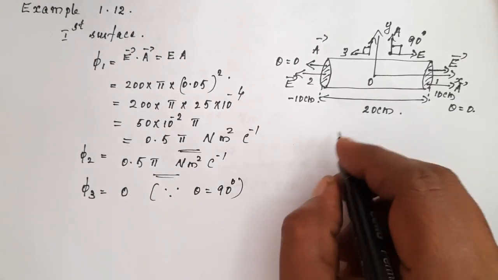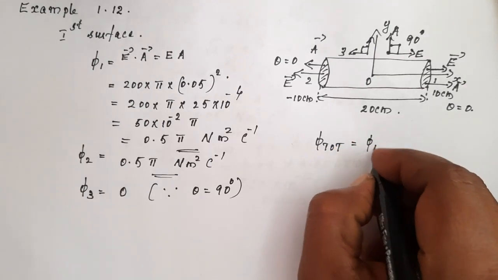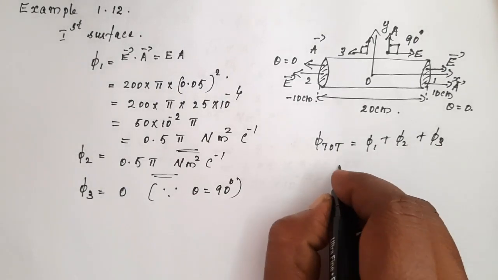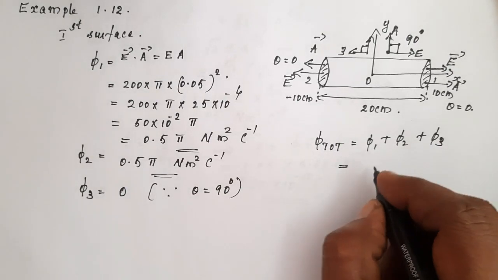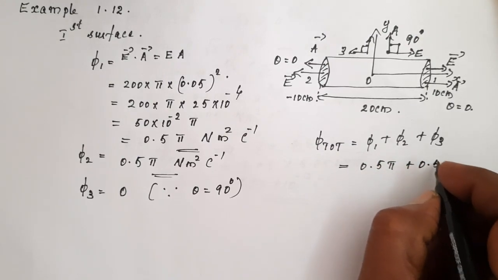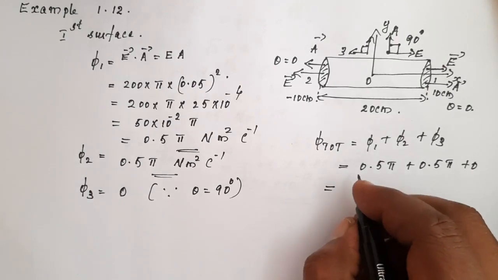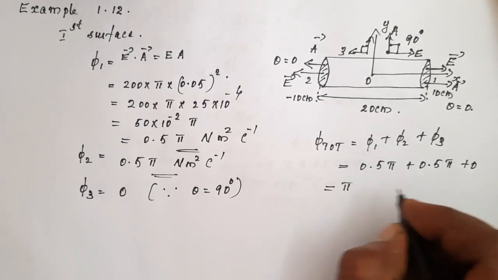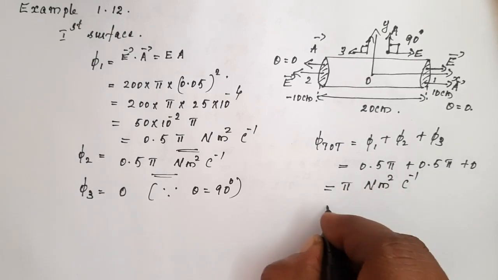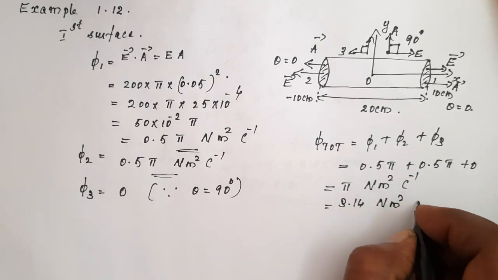So what will be the total flux? Phi total is equal to phi 1 plus phi 2 plus phi 3. That is the third sub question, I think. Here we have 0.5 pi plus 0.5 pi plus 0. So the answer becomes pi Newton meter square per coulomb, or 3.14 Newton meter square per coulomb.